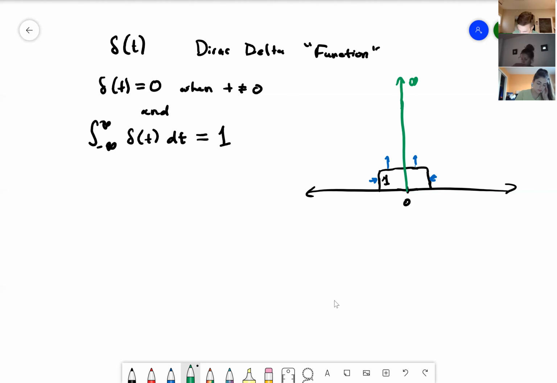But this infinitely tall is a special infinitely tall, because if we were able to smush it out and make it a little wider than infinitely narrow, then it would have a total area under it of 1. So I might write this as an infinity with a little subscript, special kind of.